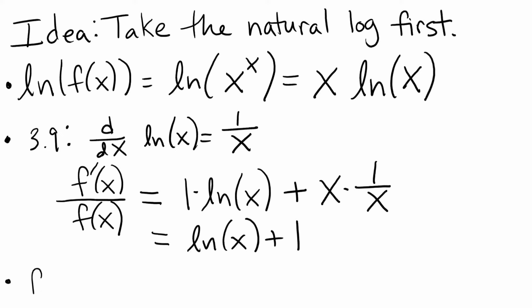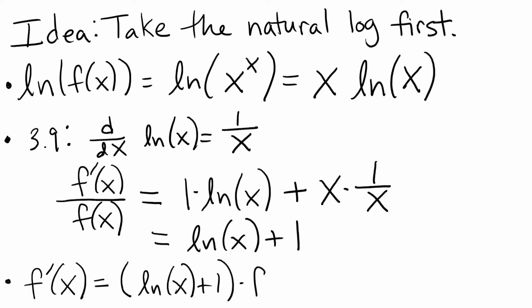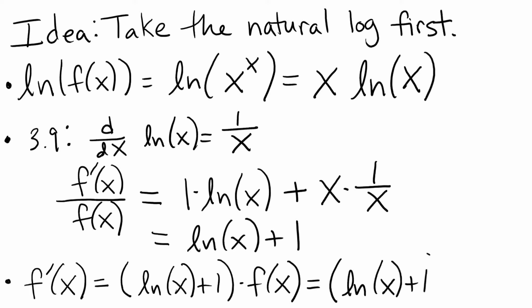So what this equation is saying, if I multiply it by f of x, is that f prime of x is ln x plus 1 times f of x. But we know what f of x is, so we get the natural log of x plus 1 times x to the x. Okay, that's our answer. That's the thing we were looking for all along.